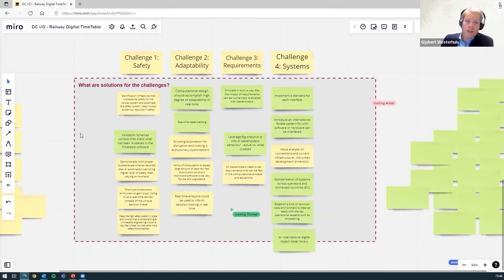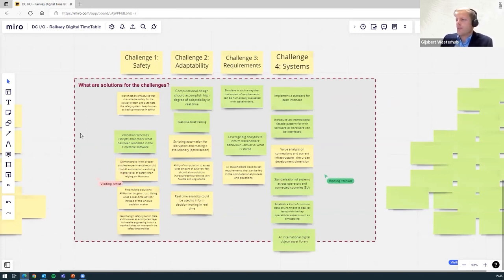For automation of operations, for example, there are 4 levels of automation, and only the 4th one is actually with no train driver in the train, and the other 3 are hybrid solutions. And that can also be the case for timetable engineering.